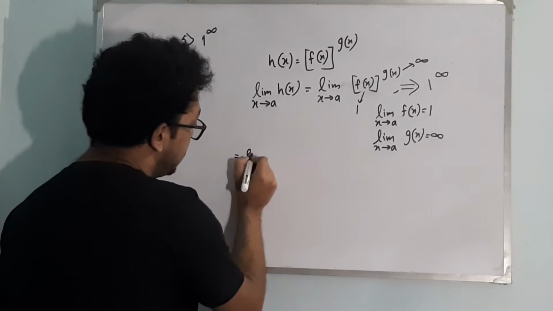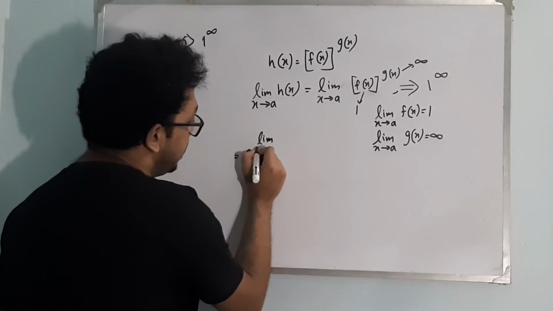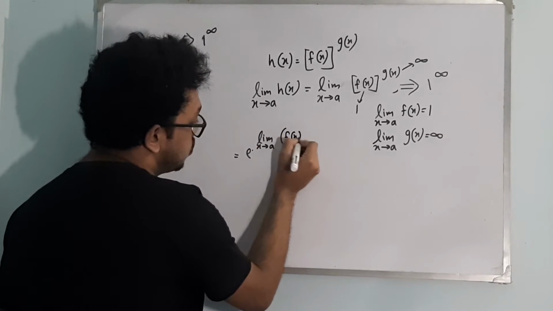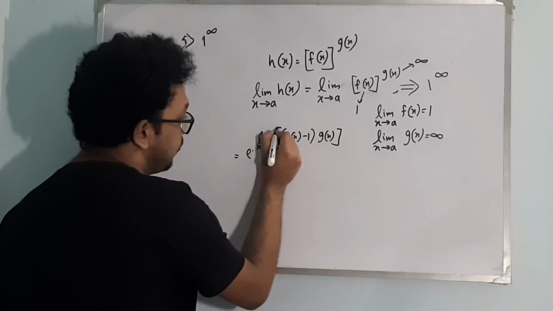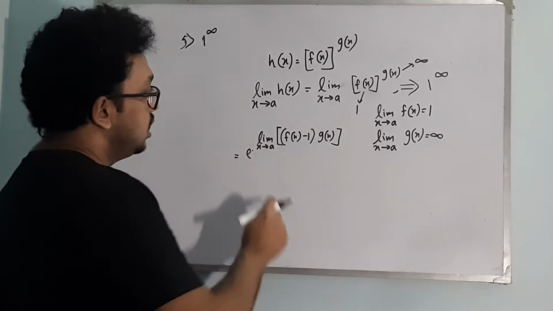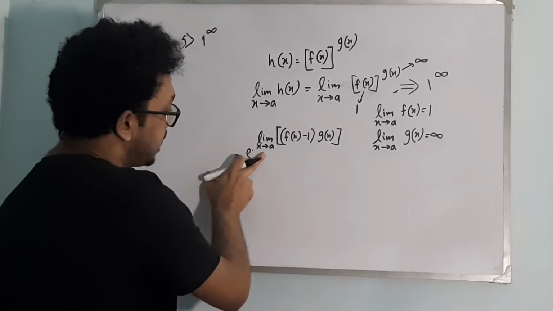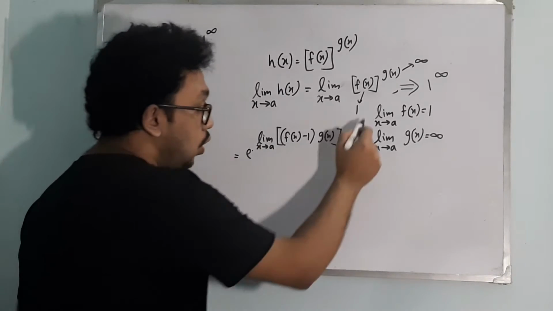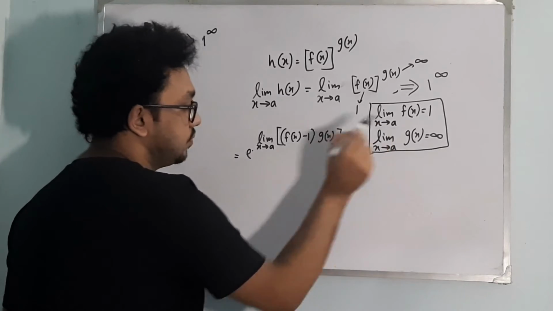be the same as e to the power limit x tending to a of (f(x) minus 1) into g(x). This is the formula that you can use, which says that this limit will be the same as e to the power limit x tending to a of (f(x) minus 1) into g(x) when these two conditions are simultaneously satisfied, right?